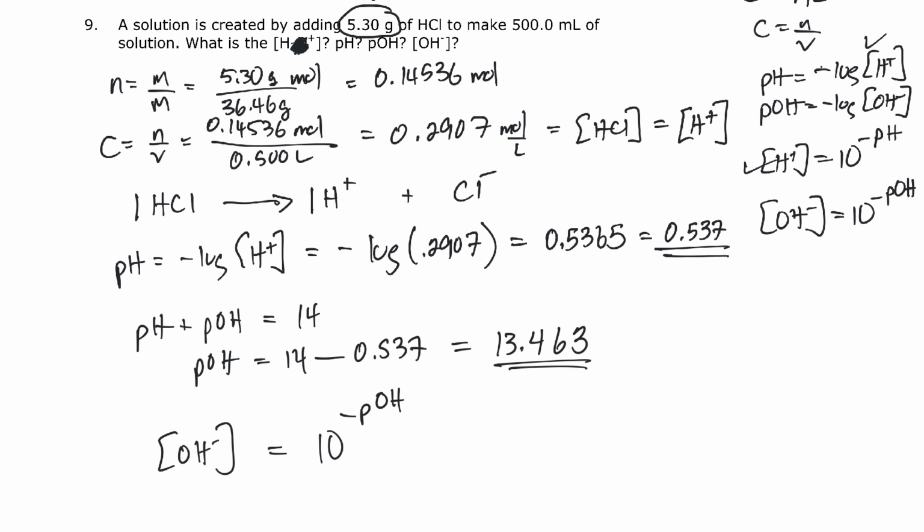So 10 to the, oh, that's not going to work on that one. I'll do it down here. So 10 to the negative 13.463. There we go. So the hydroxide ion concentration, very small. I need 3 sig figs, so 3.44 times 10 to the minus 14 moles per liter. All right, hopefully that helps you with those few questions.